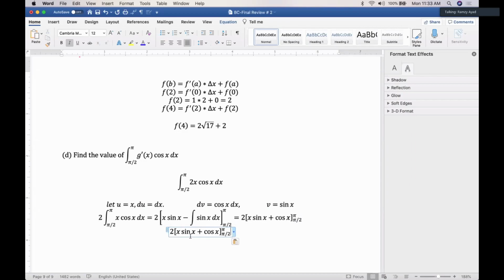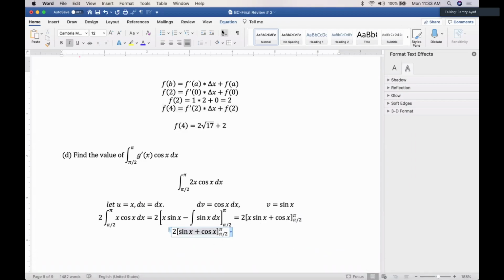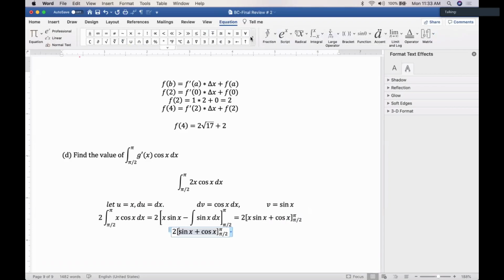What would be, that would be a pi sine pi, right? Pi, sine of pi. Mr. Ayad, why are you plugging it in for the first part? I thought you'd only plug it in for the second part. What do you mean second part? Because the second part's the one with the integral, right?